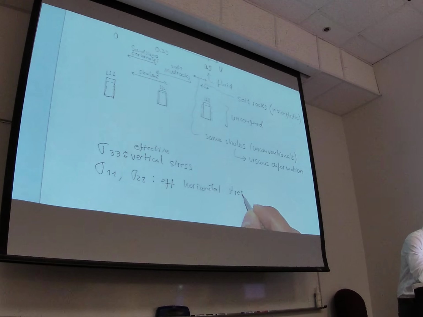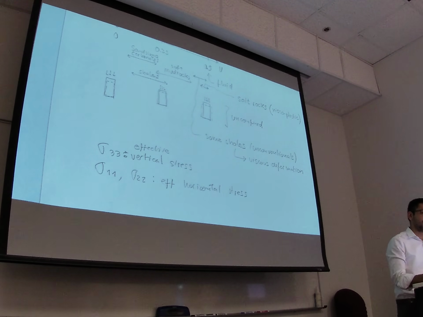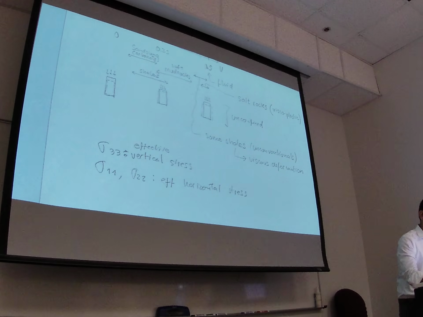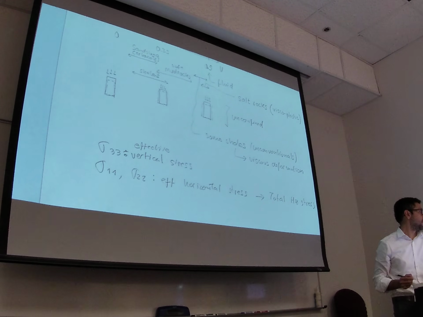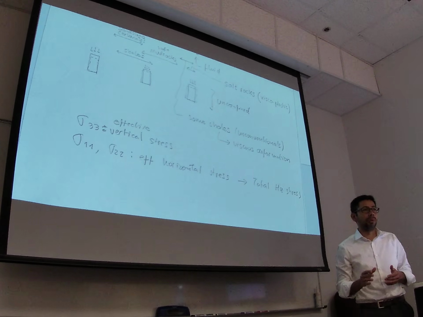The last step that we need in order to use this to do what is called the stress law is to get out of here the total horizontal stress. And we'll do that on Wednesday, and you'll be ready to complete the homework after we do this. All right?